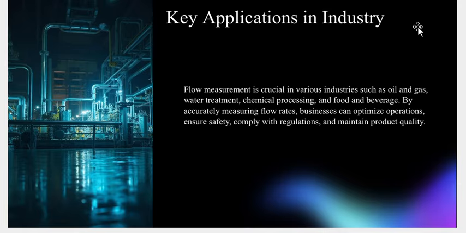Flow measurement is critical in various industries such as oil and gas, water treatment, and food and biotechnology. By measuring flow rates, businesses can optimize operations, ensure safety, comply with regulations, and maintain product quality. All of these things are in the flow meters.